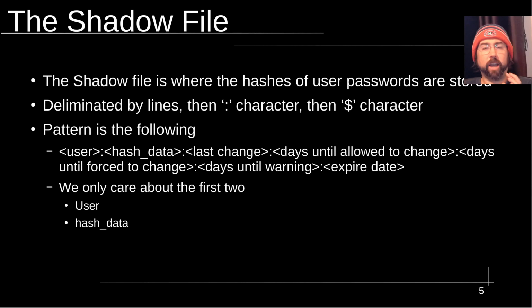It's all about when your password was last changed, when you're allowed to change it next, when you have to change it next, when you're going to be given a warning that you're going to have to change your password soon, and the expiry date of the user themselves. More than just the expiry of the password, but the expiry of the user account. We don't care about any of that. We only care about the user and the hashed data.